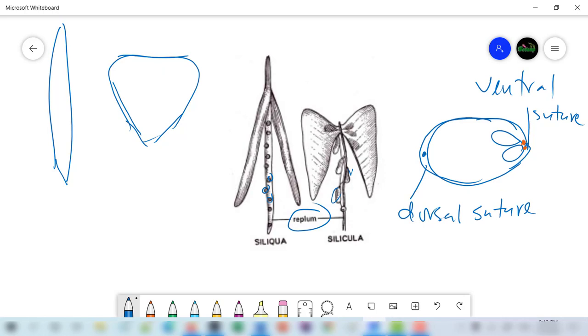As you can see, this particular fruit dehisces from both the sides, so ventral and dorsal sutures both split up.